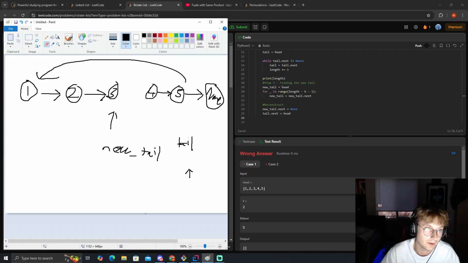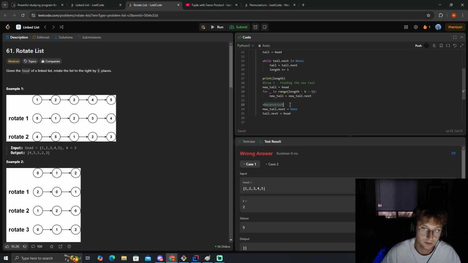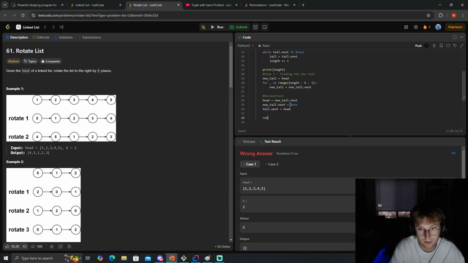Technically this would be our head, right? Now we want to move here, so we want to return this value. So we need to make a new_head, our head is equal to new_tail.next. Then we reconstruct it here and we return our head.